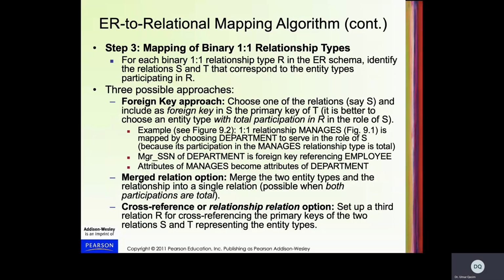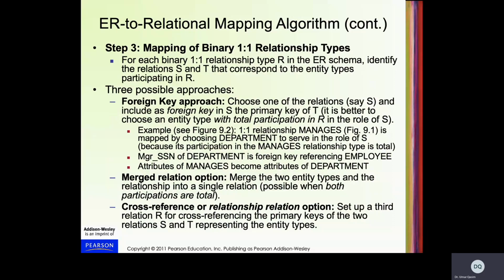One approach is to take the primary key of one side and put it as a foreign key on the other side. So in any binary relation, we have 2 entity types, which will become 2 tables. So we take the primary key from one table and put it as a foreign key in the other table.